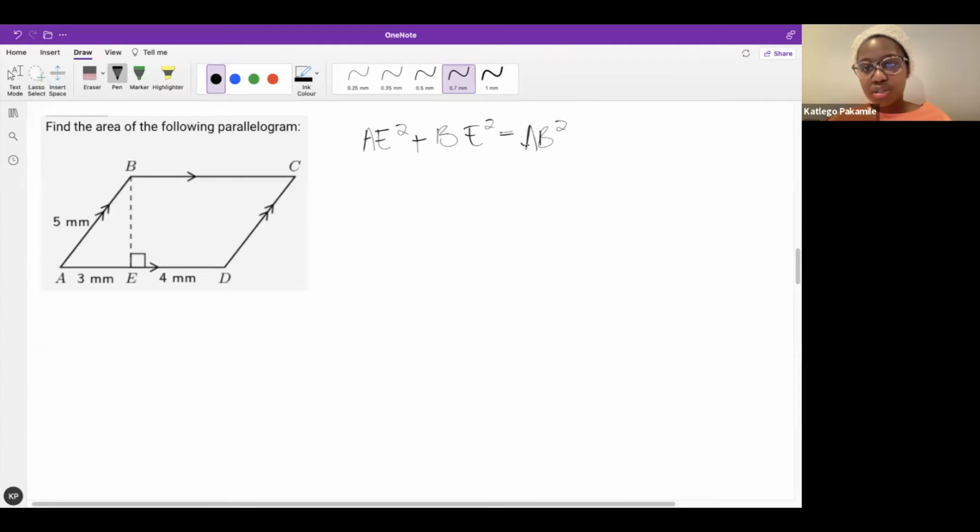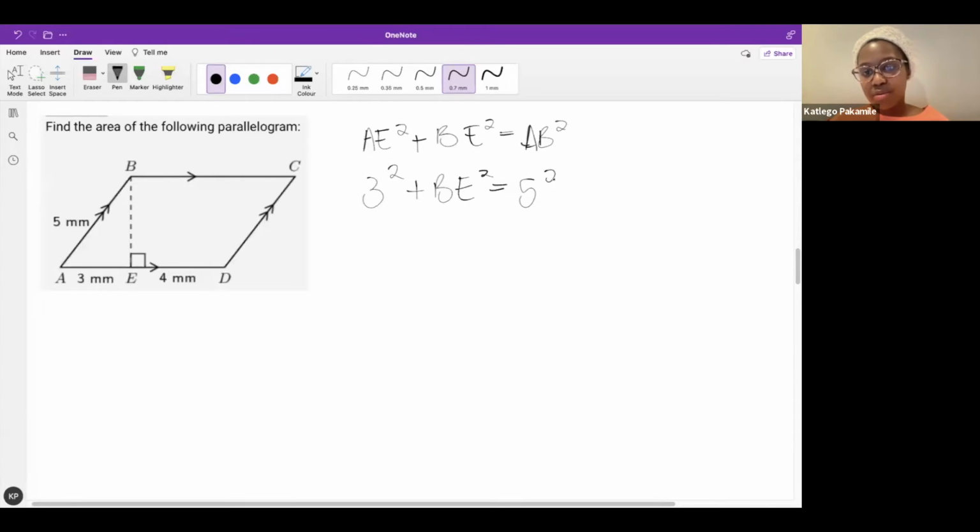Okay, we're getting used to this. How long is AE? 3 millimeters, so 3 squared plus BE, we don't know. That's what we're trying to figure out. Equals, how long is AB?